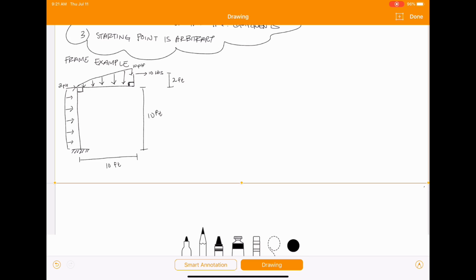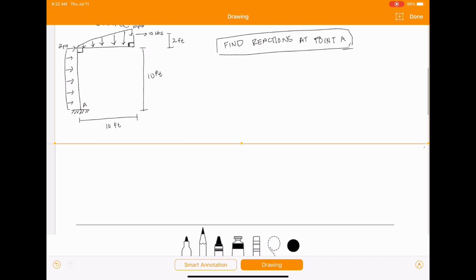All right, and let's label this point down here A, and let's find reactions at point A. Now, this example is more like evaluating for equilibrium of a rigid body, because we don't have any individual parts that can be broken off in this case.